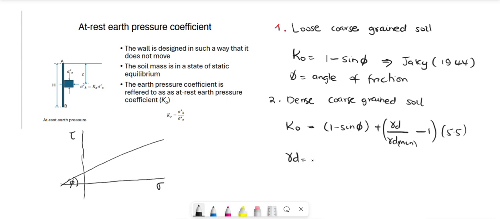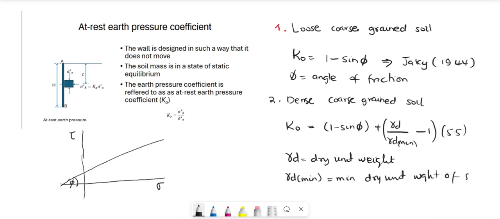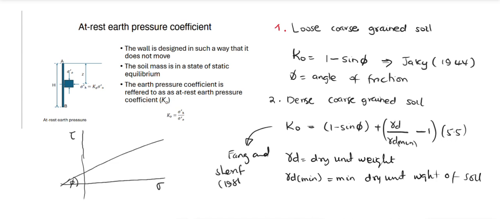Now gamma d is the dry unit weight of the soil, and gamma d minimum is the minimum dry unit weight of the soil. This formula is by Fang and Sherif in the year 1984. Then the third one, that is the general one.